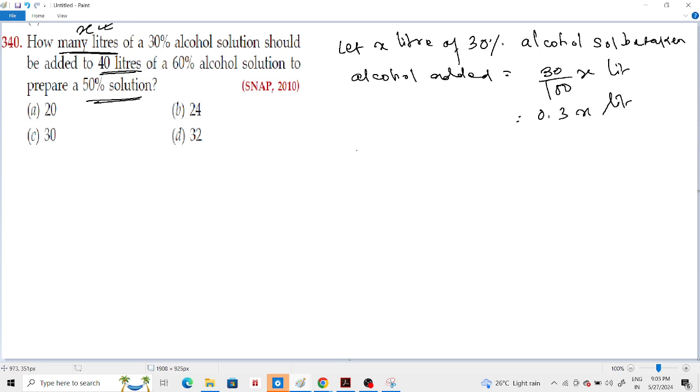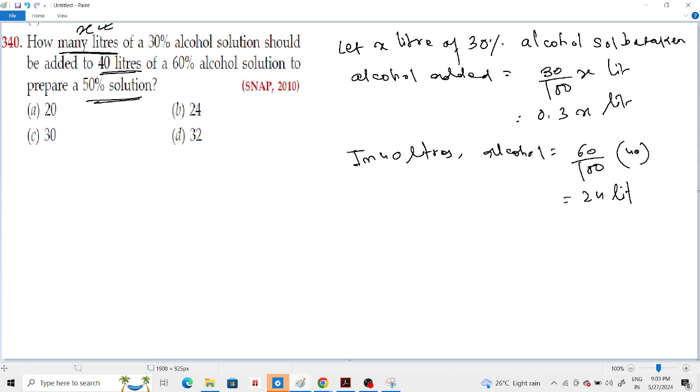Where? On this 40 liters, right? Now in 40 liters, what is the amount of alcohol present? 60%, so that means 24 liters of alcohol is present.